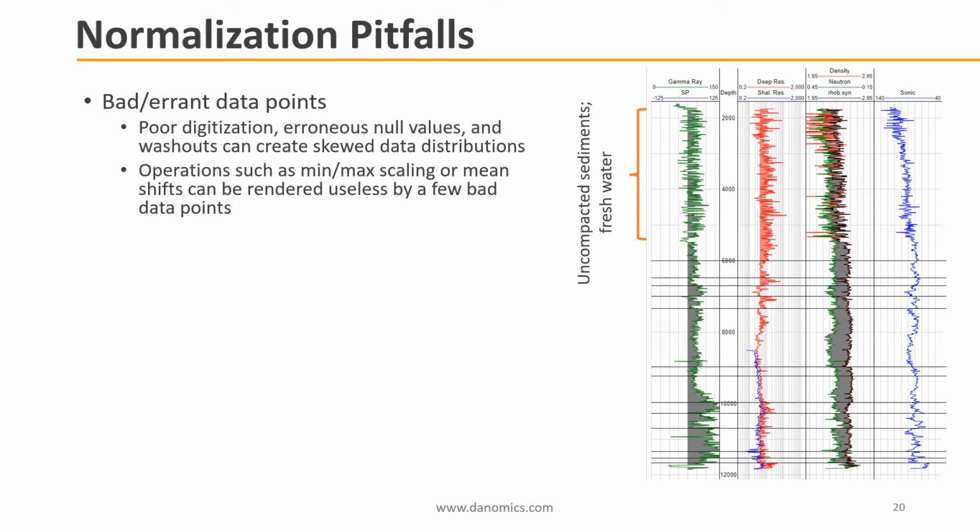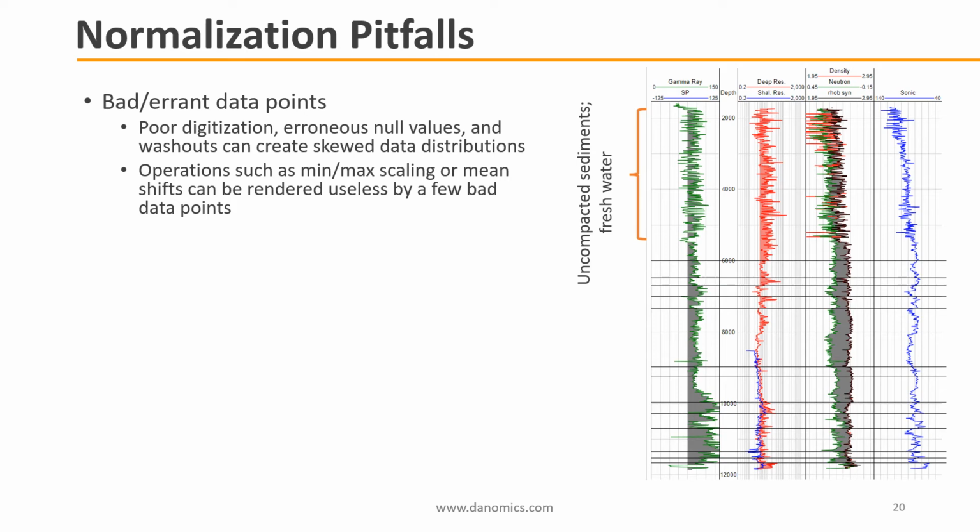So when can normalization go wrong? Well, if you have bad or errant data points, this can certainly create problems with normalization, especially if you're doing something like min-max scaling. Remember, if you're doing true min-max scaling on your data, one bad data point can completely throw off your normalization.